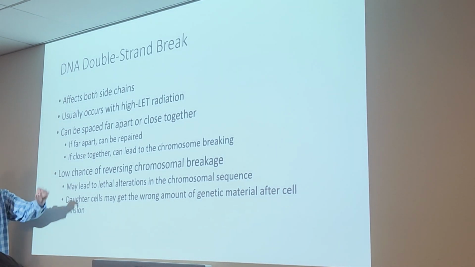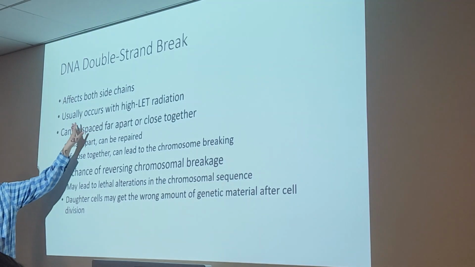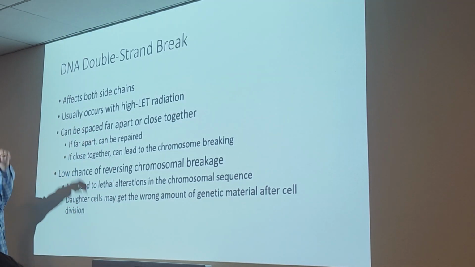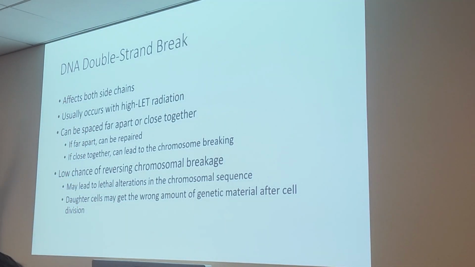Now, if these breaks are far apart, if one's broken all the way here and one's broken all the way here, okay, not a big deal. That's manageable. But if both of them are broken at around the same location, what do you think is going to happen? It will detach.